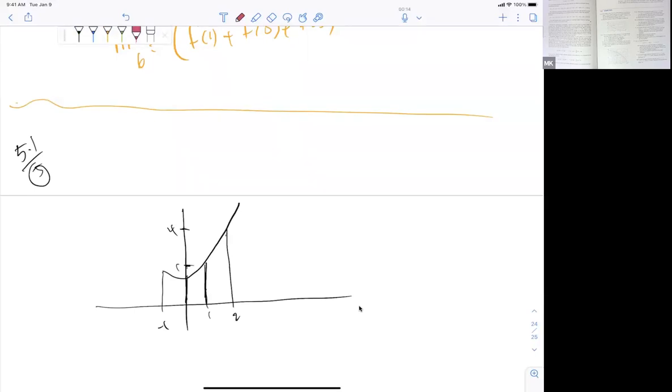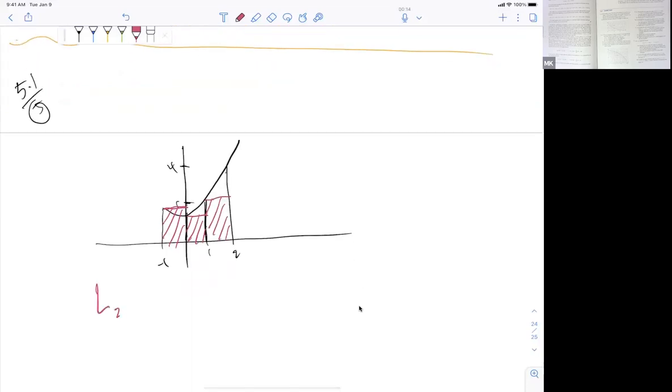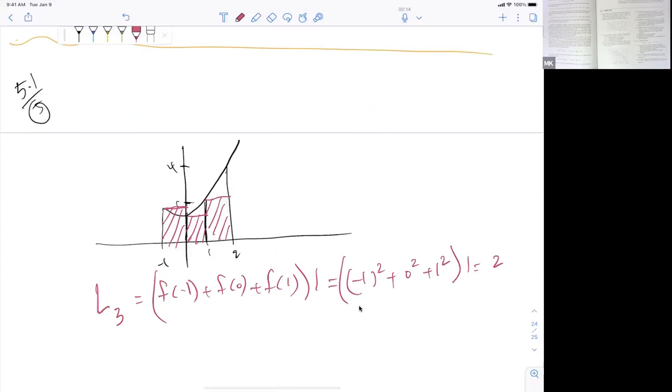If I use the left endpoint, I will use this as my height of the first interval, this as my height of the second interval, and this as the height of the third interval. So L3 would be f of -1 plus f of 0 plus f of 1 times 1. F of -1 is -1 squared, f of 0 is 0 squared, f of 1, 1 squared, times 1, which is going to be 2.